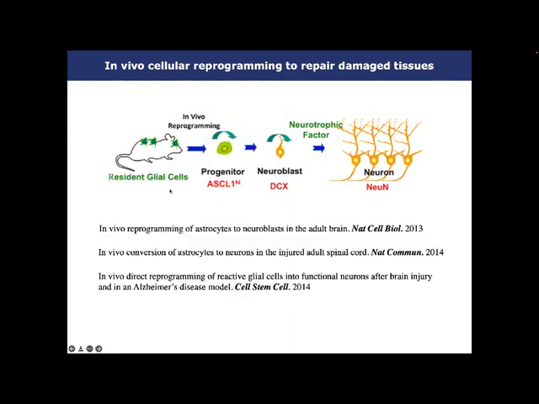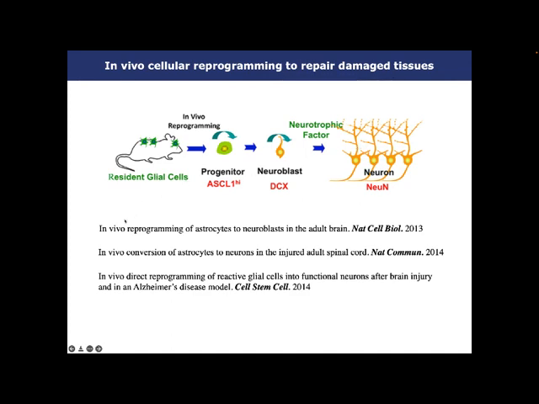And a similar idea is also useful for neurodegenerative disorders. In the case of Alzheimer's disease, neuroinflammation, the inflammation in the nervous system, increases the glial cell population, and these glial cells can be converted to neural precursor cells by the expression of transcription factors, and eventually they can be differentiated toward neurons.